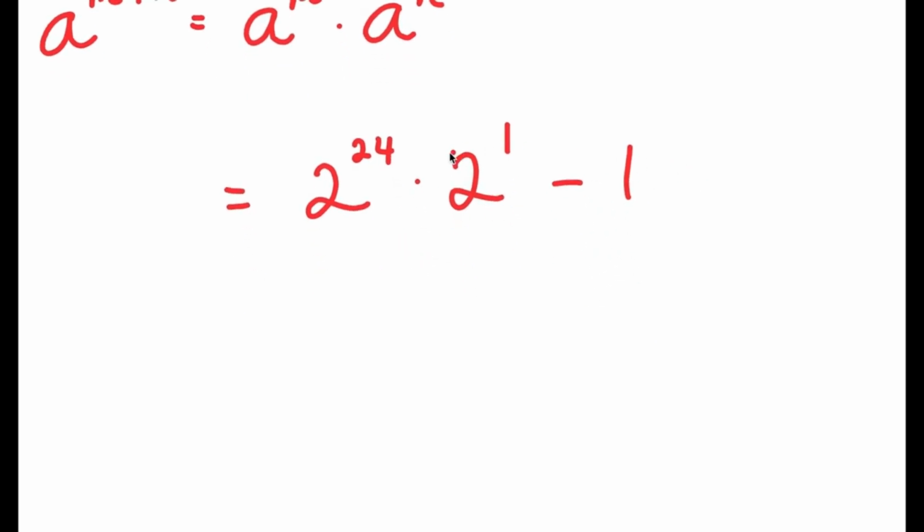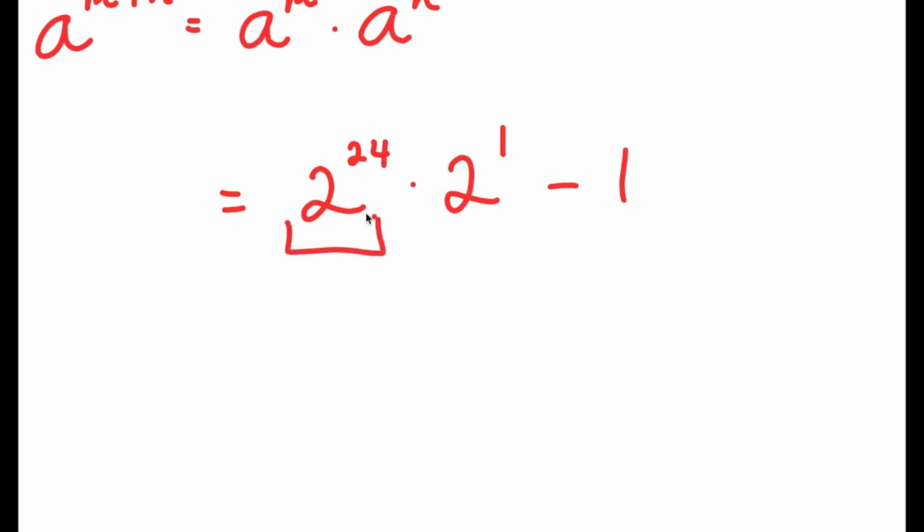Now basically our goal throughout this video is to change our values to be as small as possible, so then at the end we can do whatever we need to do with them to get our final result. So 2 to the power of 24, how do we simplify this and make it even smaller? I can rewrite this as 2 to the power of 12 times 2.